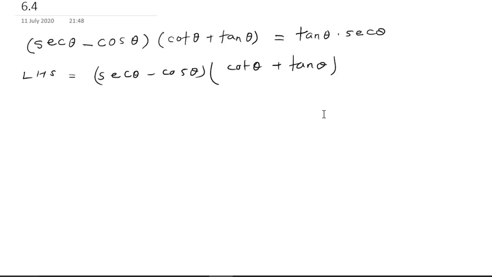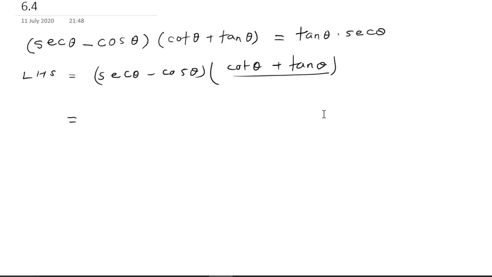One way is to multiply sec theta with cot theta and tan theta, and minus cos theta with cot theta and tan theta. The other way is to first simplify cot theta plus tan theta. I will convert them in sin upon cos. Whenever a lot of trigonometric identities are involved, better we convert them in sin and cos.